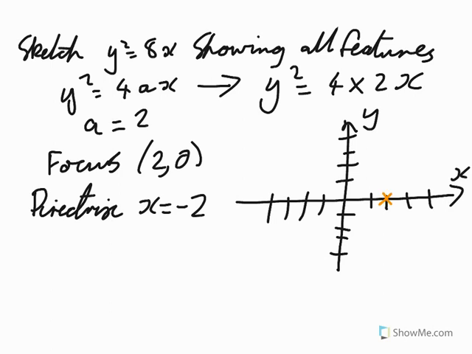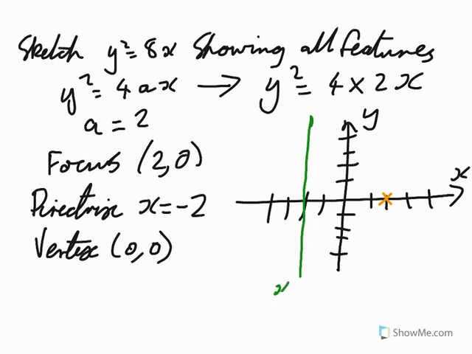The only other thing I didn't put in was our vertex, which is 0, 0. Our directrix of x equals negative 2, so there's our directrix. And of course our vertex at 0, 0. There's our focus. So this goes something like that. Marvellous. And so there we are.